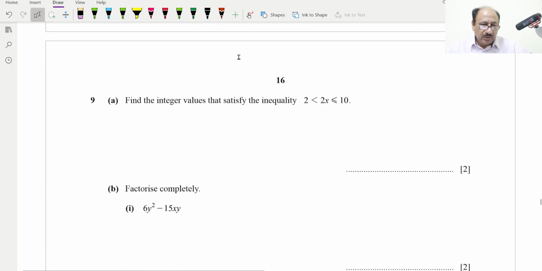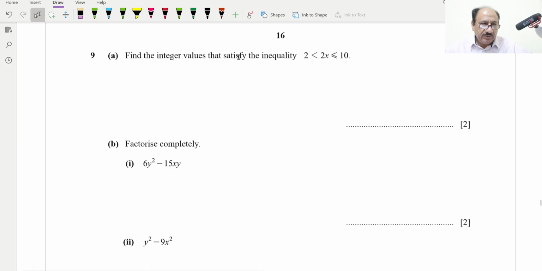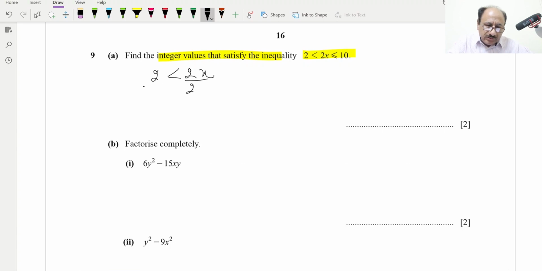Now question number 9, find the integer values that satisfy this inequality. So we will be solving this portion first, and we can send this 2 to the other side, so x is greater than 1.